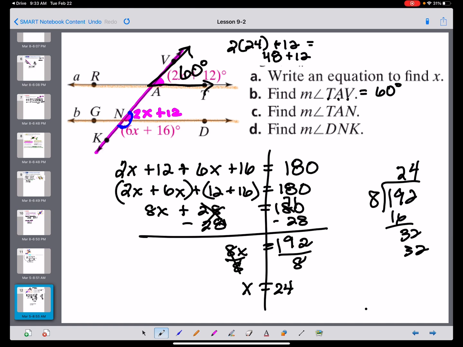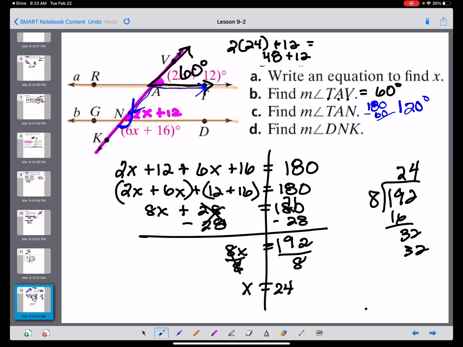Now let's find TAN. Let me see. Find it here. TAN. That is supplementary. So I can take 180 minus 60 and I get 120 degrees for TAN. Then DNK.